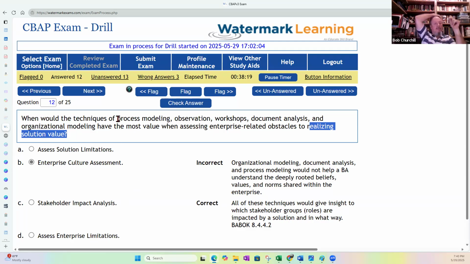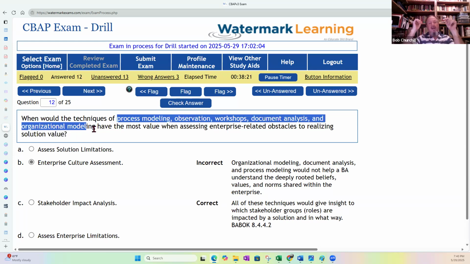So enterprise culture assessment would not really be right. Enterprise limitations, not right. I would be torn between A and C.